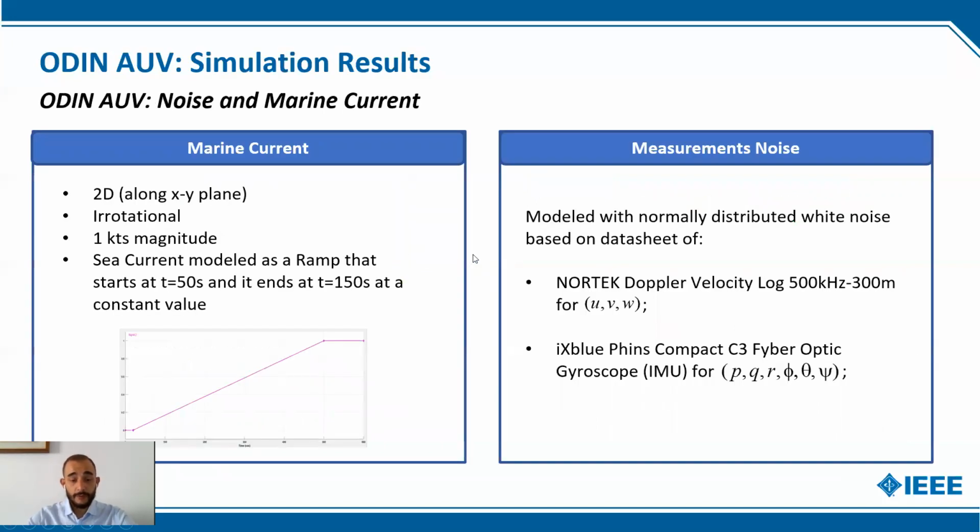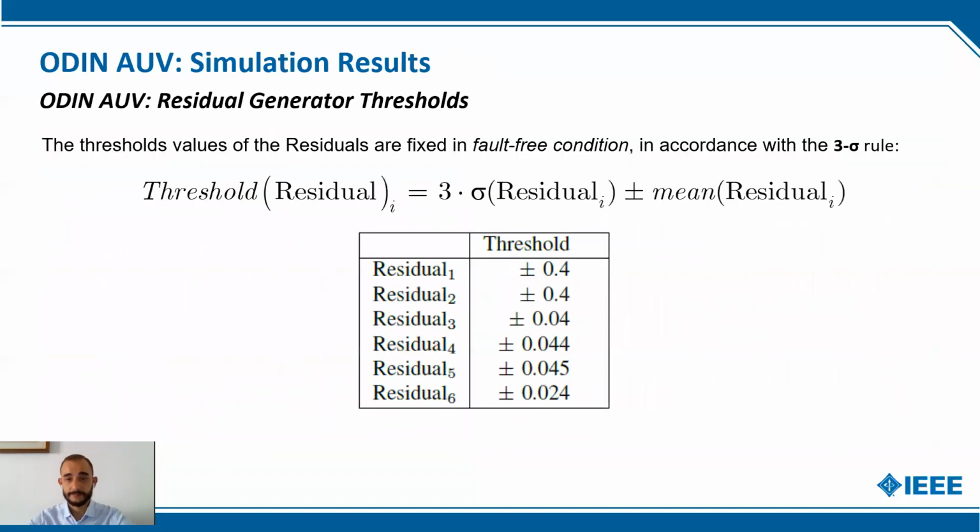In order to perform a high fidelity simulation, we also introduced measurement noise and marine current. The sea current is supposed to be 2D irrotational, and it is modeled as a ramp with a magnitude of 1 knot. The measurement noises are modeled with normally distributed white noise based on real sensors that we are using in the Sushidrop project.